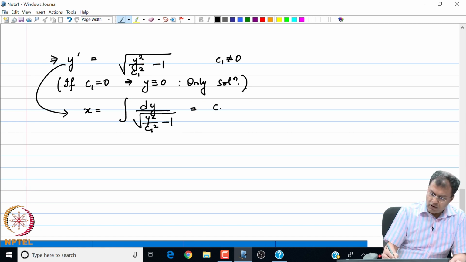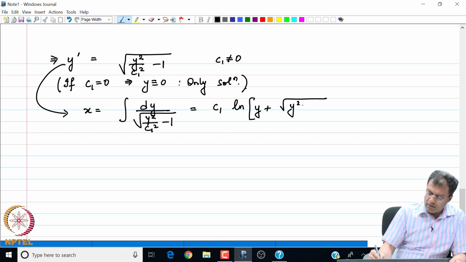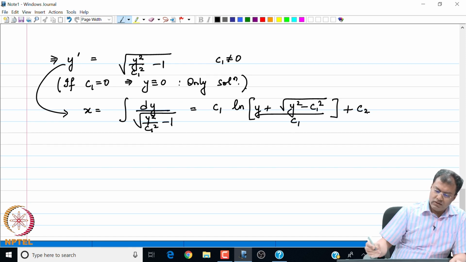We get the following expression: C1 times log of y plus square root of y square minus C1 square, divided by C1, plus C2, which is the second integration.